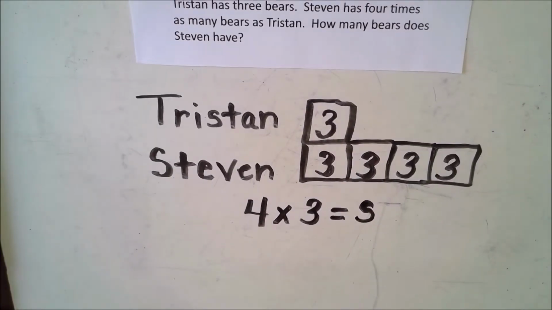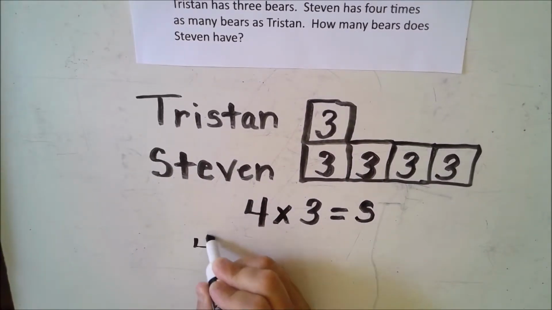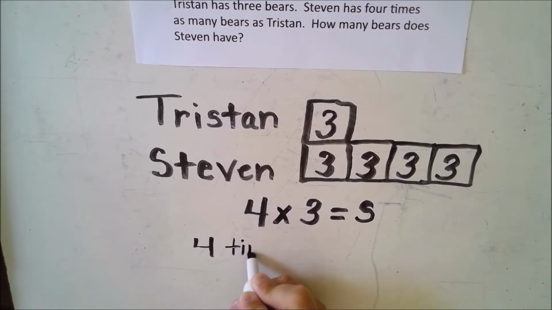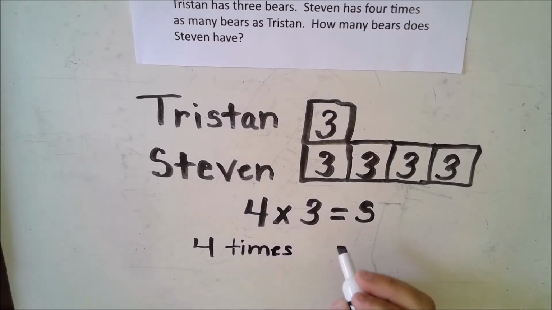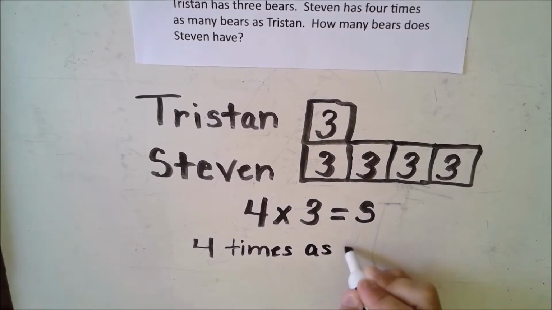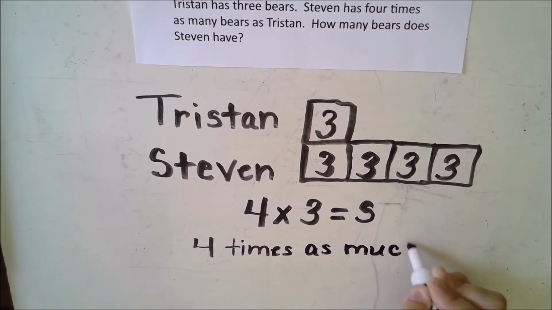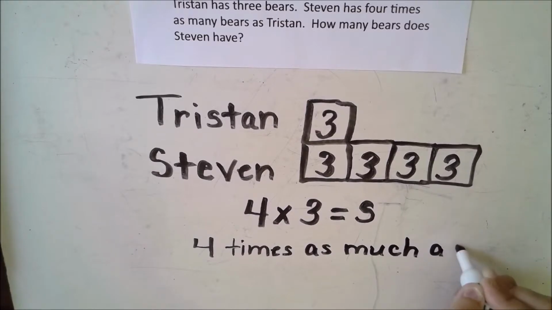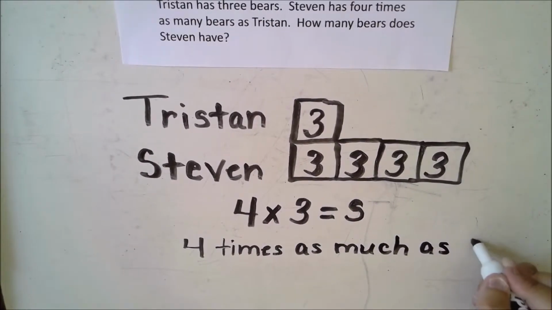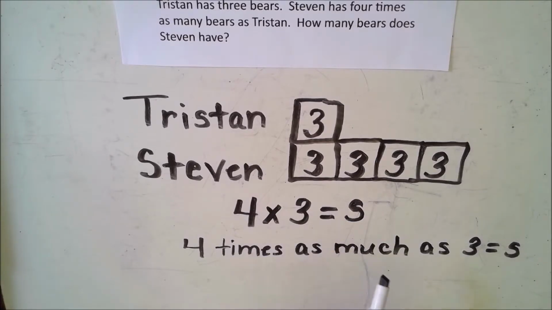And we can also say 4 times as much as 3 equals S. Okay? And students know from 3rd grade their multiplication facts. We know that 4 times 3 is 12. So we would know that Stephen has 12 bears.